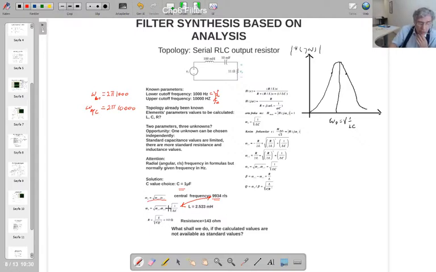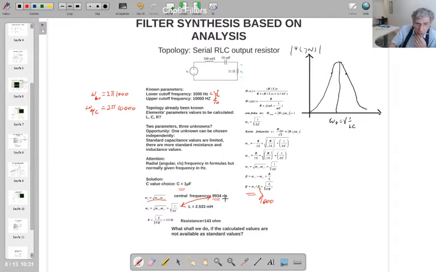How are we going to calculate the resistor? We could use that formula here, since I know omega 0, the central frequency, over the bandwidth. The bandwidth is the difference between those two, so the bandwidth is 9,000, isn't it? I know the central frequency.